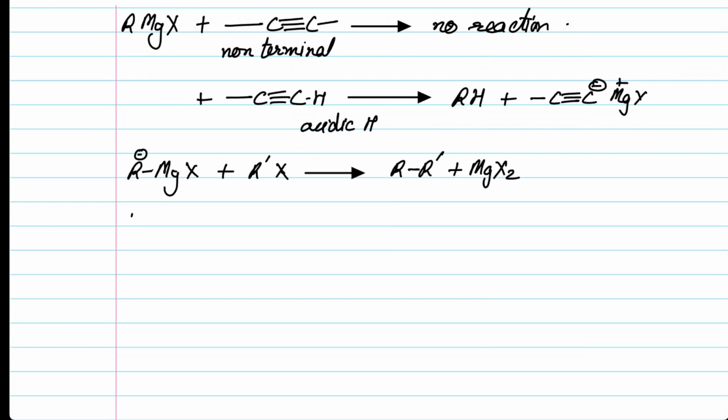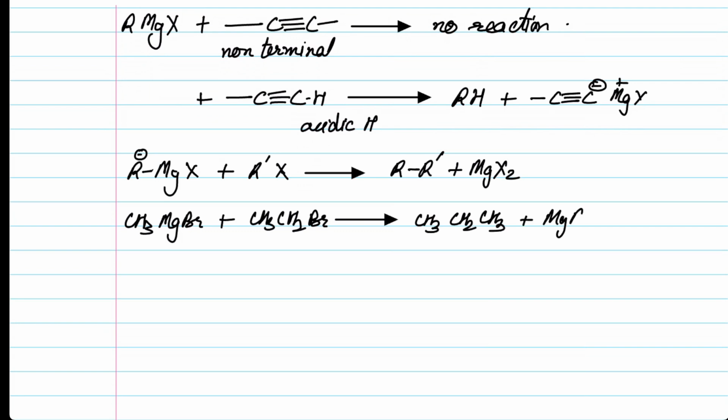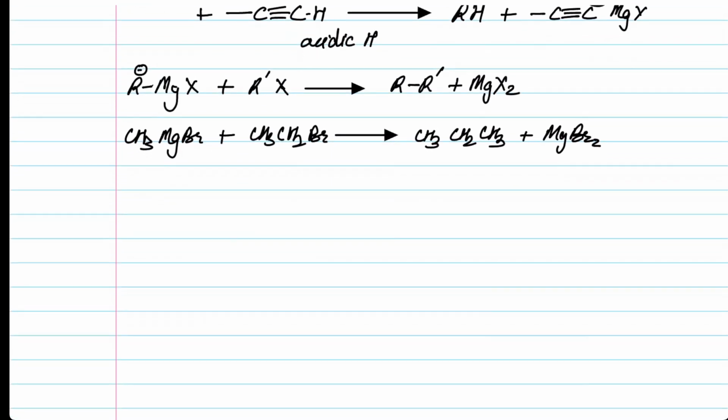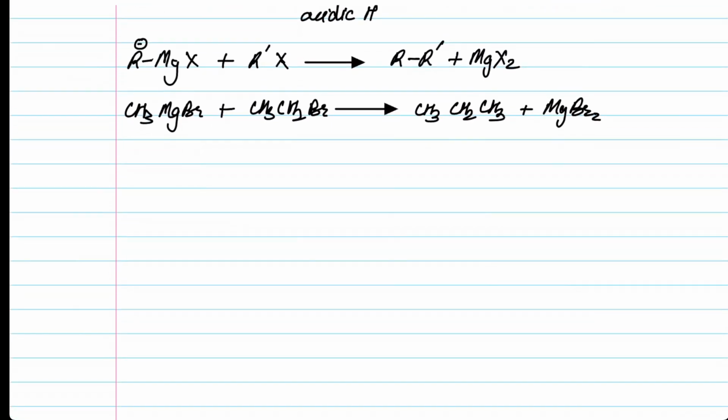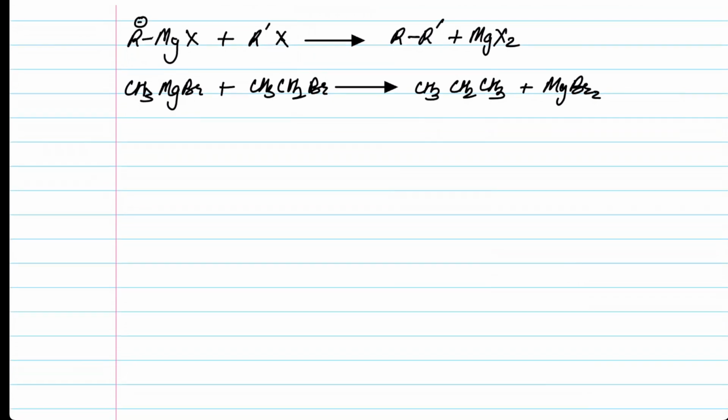For example, we have CH3MgBr, and we react it with CH3CH2Br. So we are going to get CH3CH2CH3 along with MgBr2. The reaction is similar to the Wurtz coupling reaction or Corey-House reaction. This again is going to give us an alkane. So this is the reaction of the Grignard reagent with haloalkane.